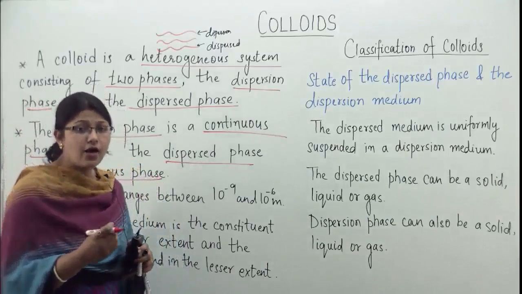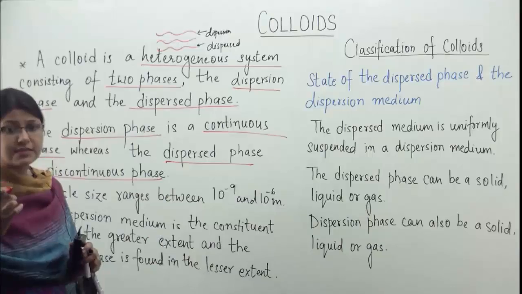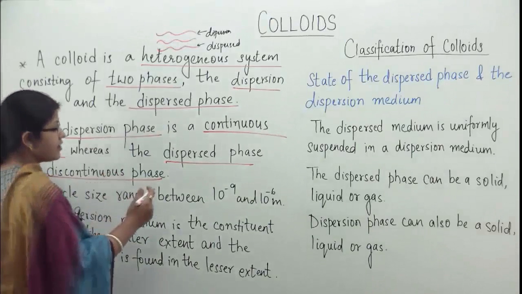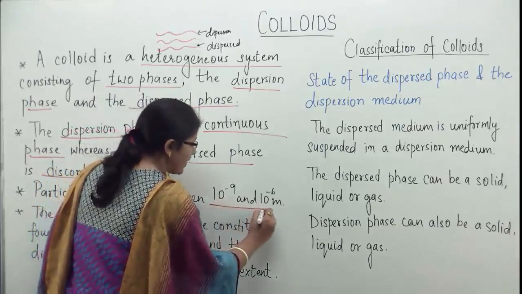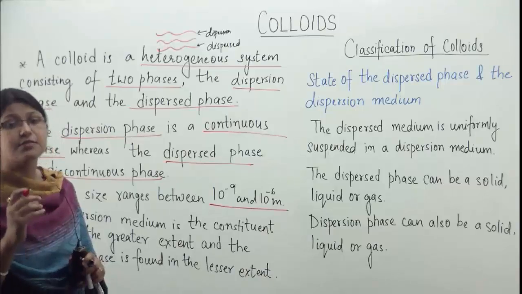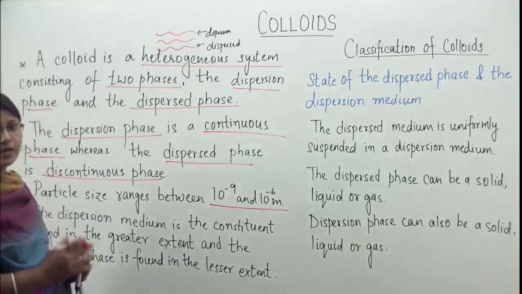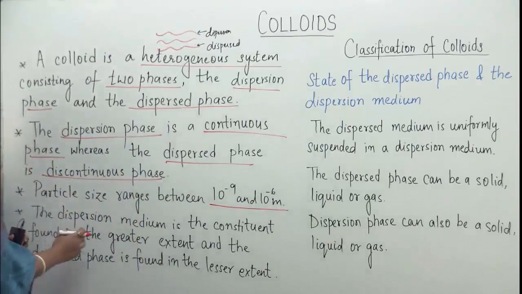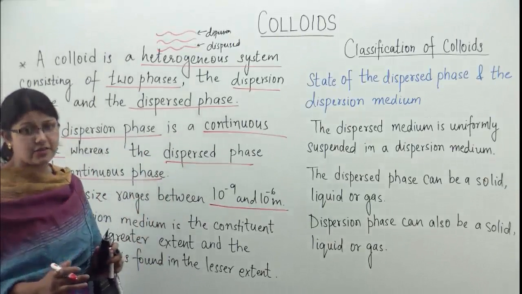Right? Now the particle size of the dispersed phase in colloids is between 10 to the power minus 9 and 10 to the power minus 6 meter. Now the dispersion medium is the constituent found to the greater extent.